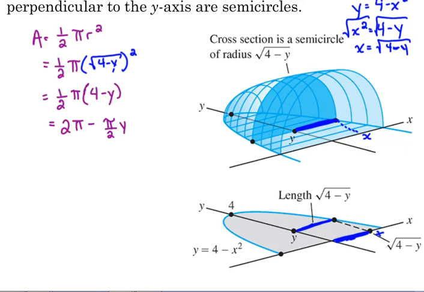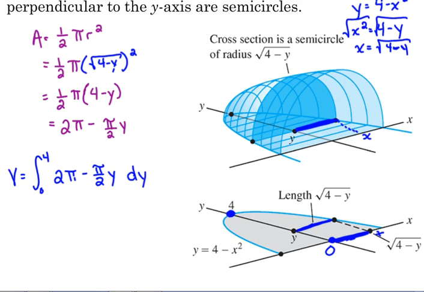So let's set up our volume expression. Our volume is the integral from, this time it's in terms of y. So we're starting at the x-axis over here, and we're ending at the top of this parabola. Now, they've already worked it out for you, but that would be from 0 to 4 of our area formula.